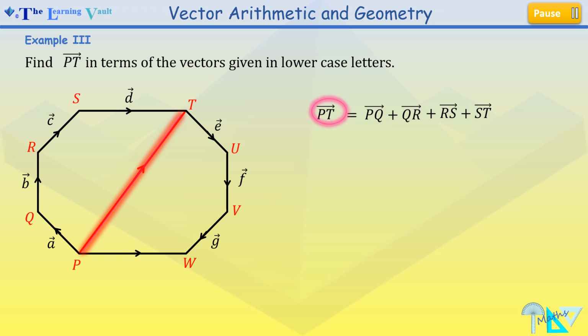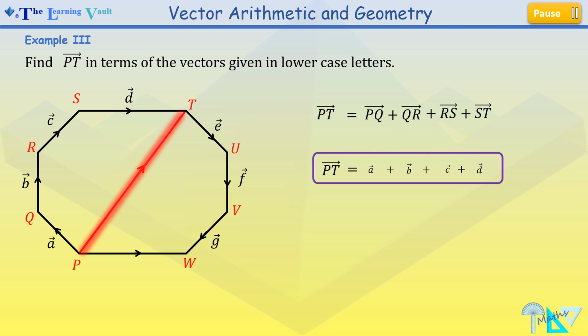Now remember, it's PT, so our vector chain starts with a P and ends with a T. Now let's write our lowercase vectors. So our PT equals a plus vector b plus vector c plus vector d. And that's our answer.